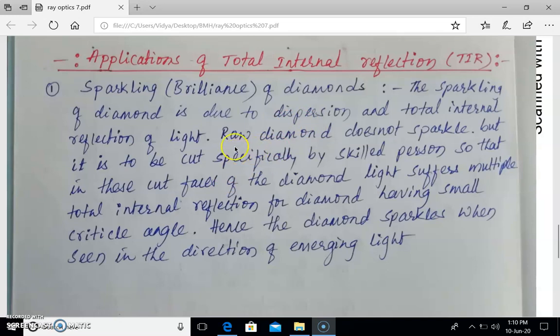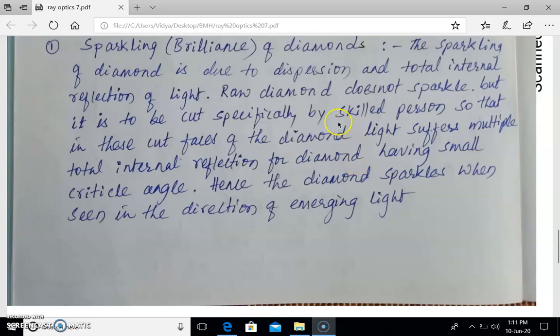When white light enters these prism-like projections, light undergoes dispersion. That is, white light breaks up into 7 constituent colors, and these colors have different critical angles.